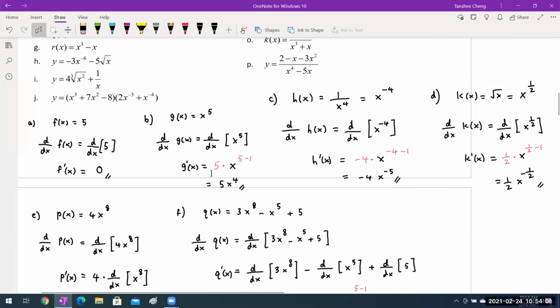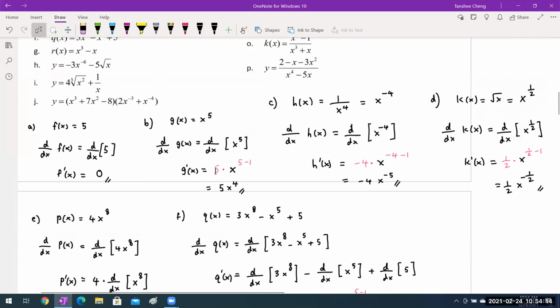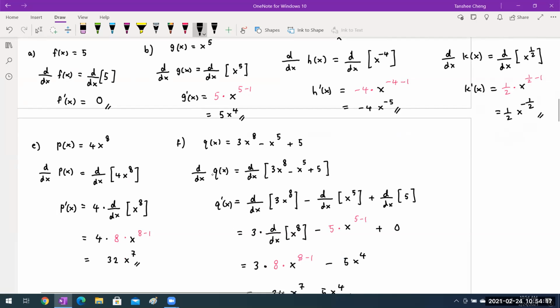G, x to the 3rd power minus x. That is the function R. R of x is equal to x to the 3rd power minus x. This time, I'm not going to write it down step by step anymore. Take a look at how I will use mental math to work on this.